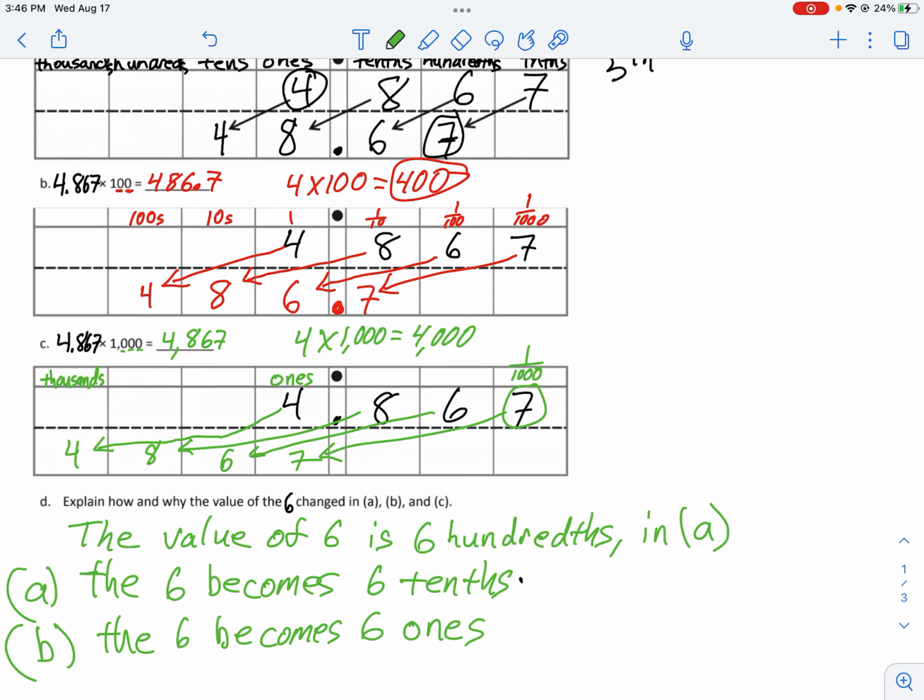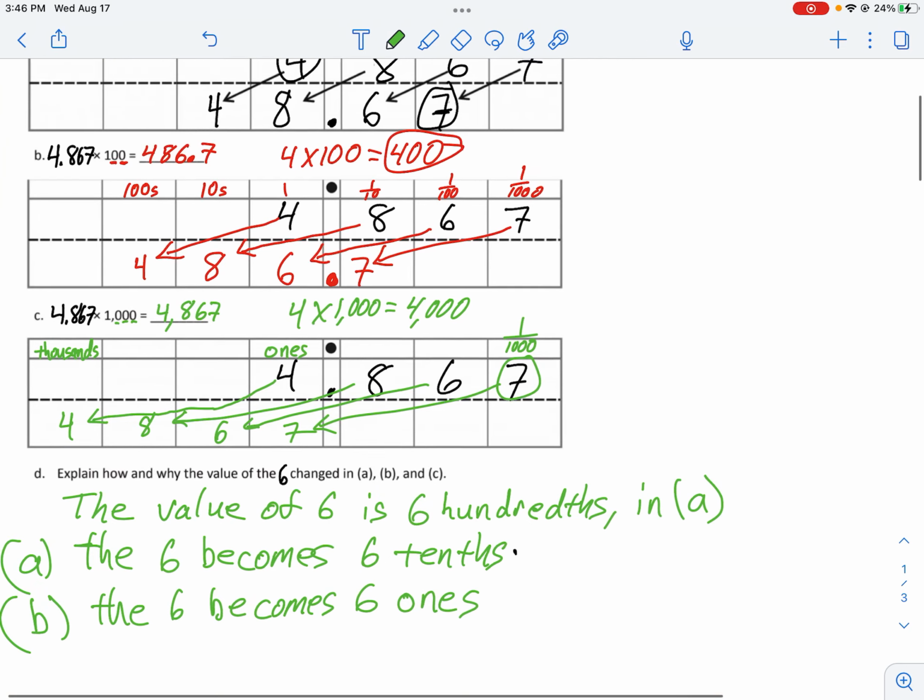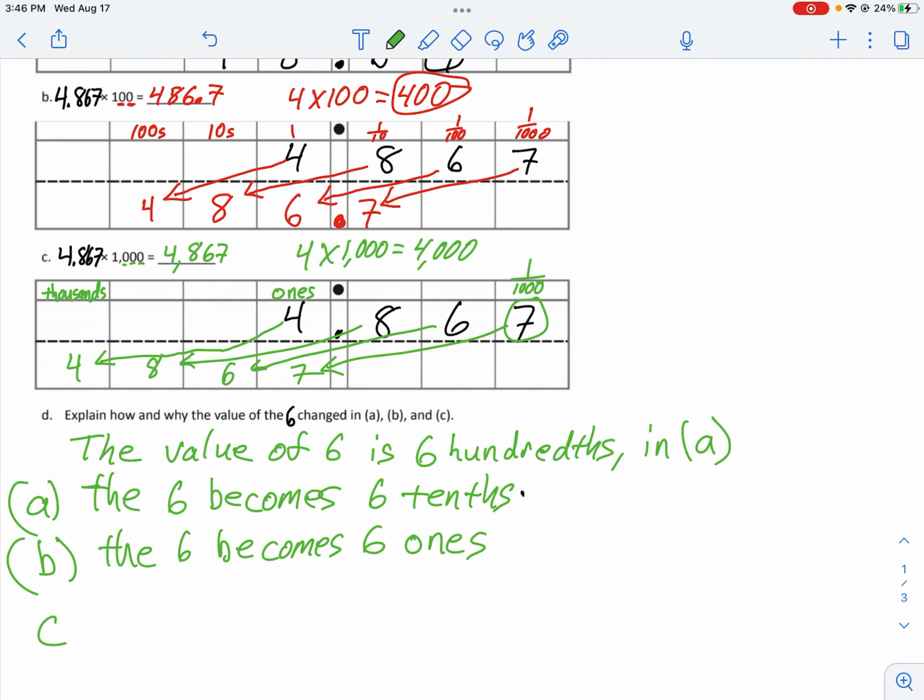See, it's going in order from right to left. And in C, the 6 becomes 6 tens.